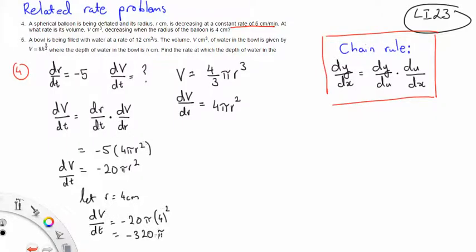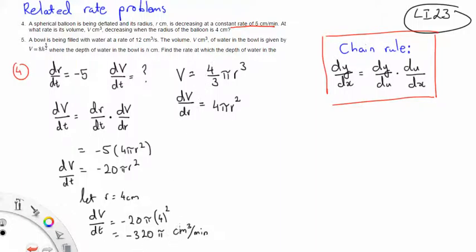Well, that's -320 pi centimeters cubed per minute. So that's our answer. The volume is decreasing at a rate of 320 pi centimeters cubed per minute when the radius is 4 centimeters.